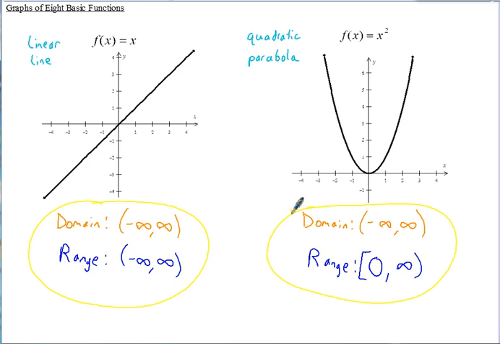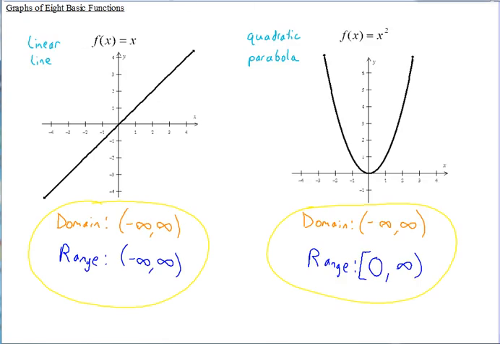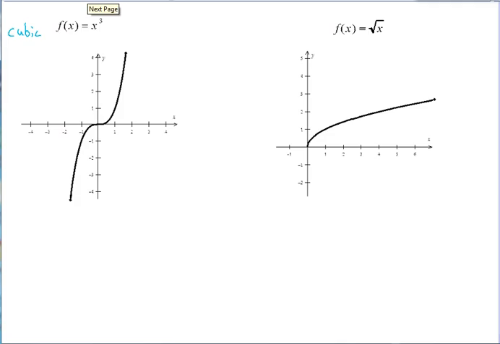All right, let's take a look at the next pair. So this is what's called a cubic function. Y equals x cubed, and it looks like this. So let's look at the domain and range of this one. So for the domain, we look at all the possible x values.